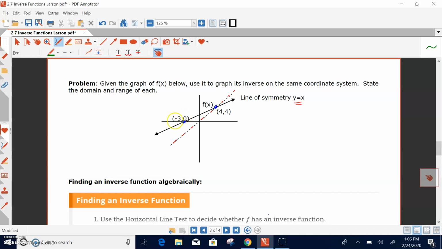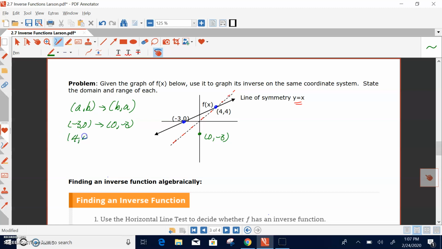Since it's going to be symmetric across this red line, and we know about ordered pairs. Remember, we said the ordered pair AB becomes BA on the inverse. So this ordered pair -3, 0 becomes 0, -3 on the inverse, which would be right here. Notice it's across that line of symmetry. There's 0, -3.